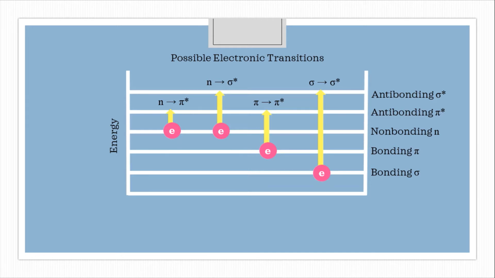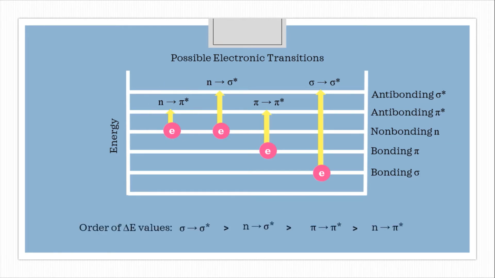The length of the arrow is roughly proportional to the energy difference between 2 levels. The longer arrow means a higher energy transition. Thus, sigma to sigma star transition has the highest energy transition, while n to pi star transition has the lowest energy transition compared to other modes of electronic transitions.